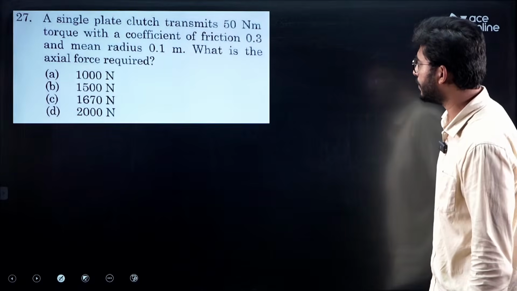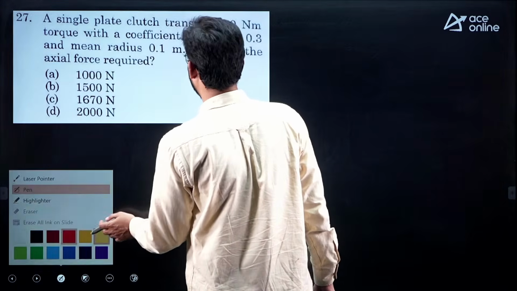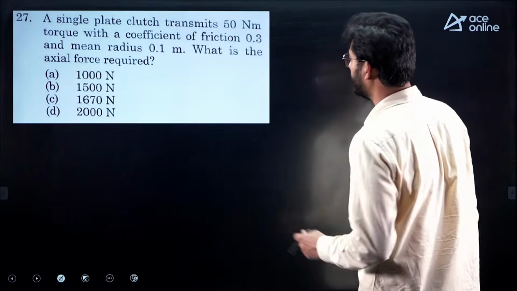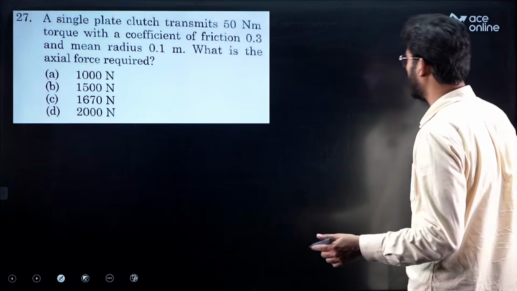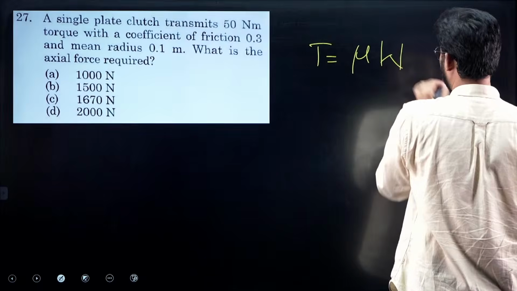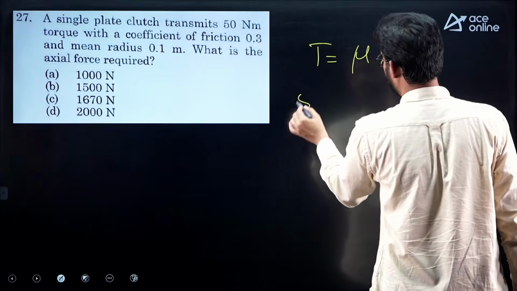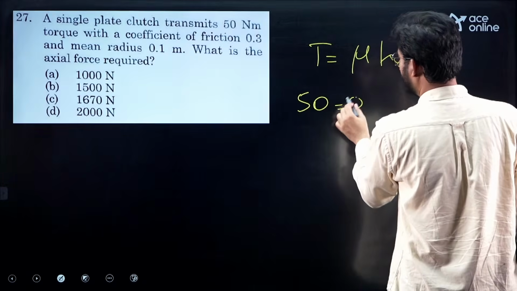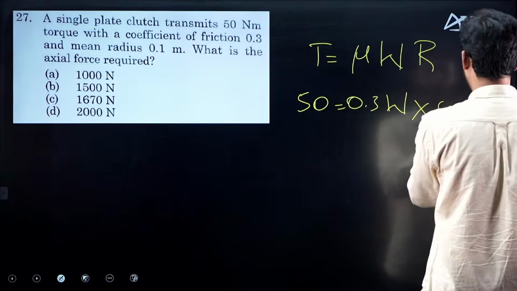Next, a single clutch plate transmits a torque of 50 Newton meter and coefficient of friction is 0.3, mean radius is 0.1, and what is the axial force required? So here is the standard formula. Torque is equal to frictional force, that is mu times W, into mean radius. So torque here is 50 and mu is 0.3, W needs to be calculated, and mean radius is 0.1.